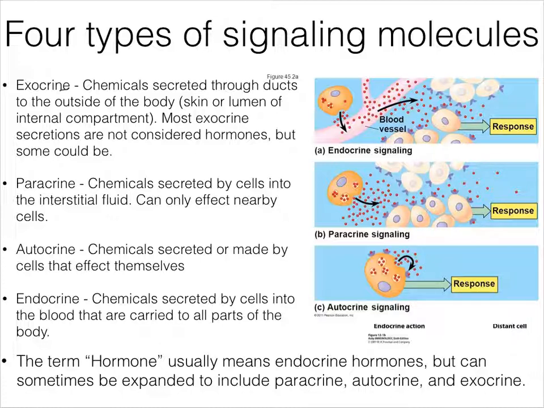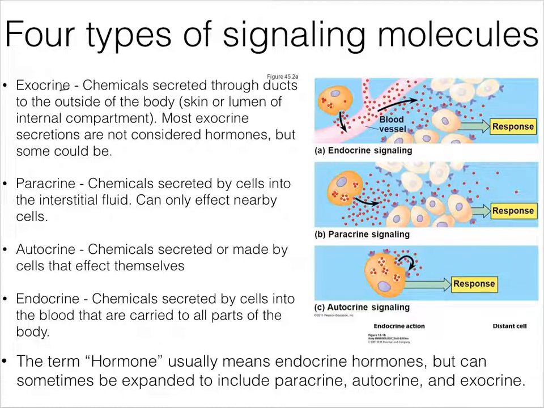So, your gallbladder that secretes bile salts into the intestines, your pancreas that secretes digestive enzymes into your intestines, those are all exocrine glands. And while they are exocrine glands, they are affecting your body processes to a certain extent, right?